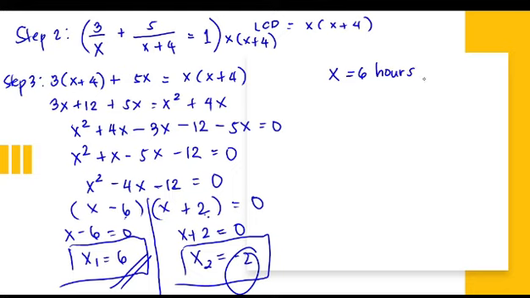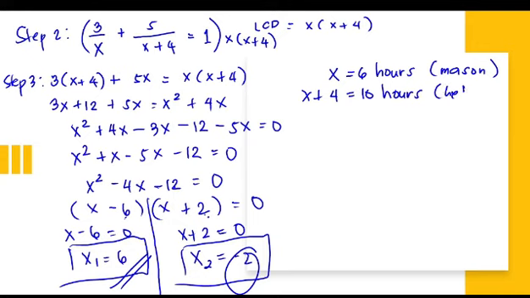Ito yung the number of hours it takes the mason to do the job, ha? This is for the mason, ha? Tapos, para makuha naman yung sa helper, that is x plus 4 or 6 plus 4, which is 10 hours.